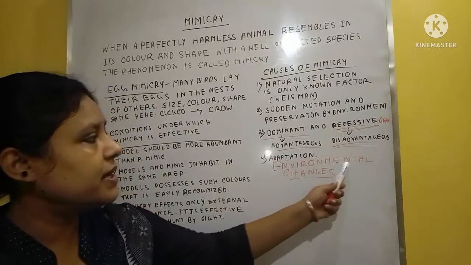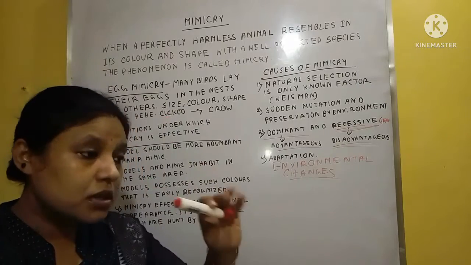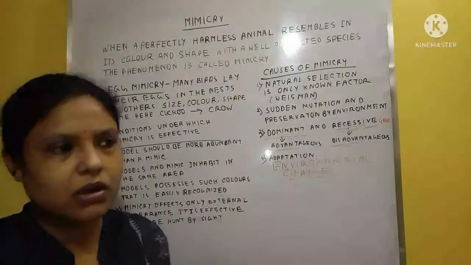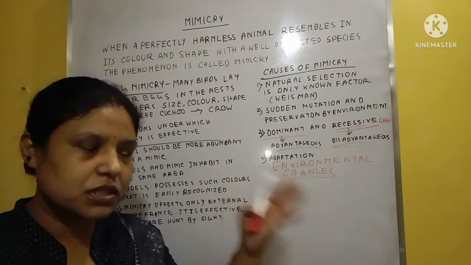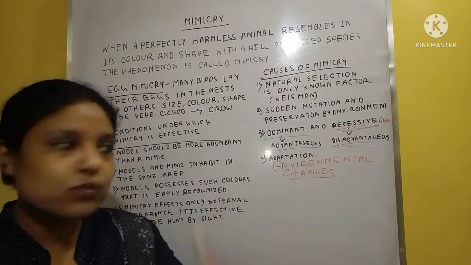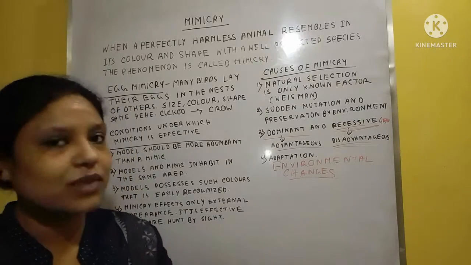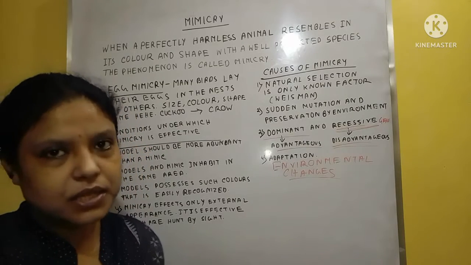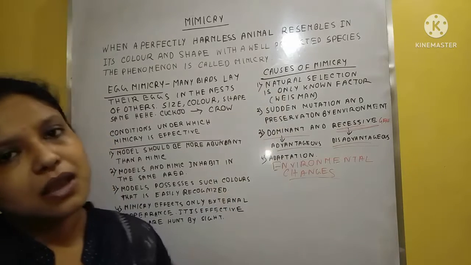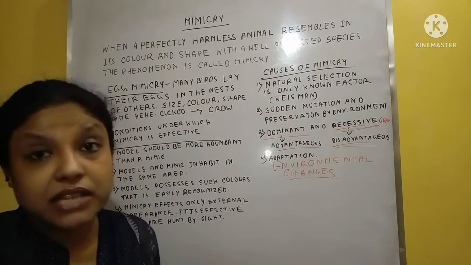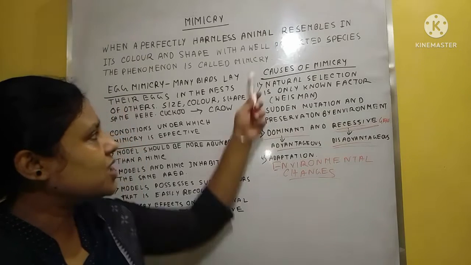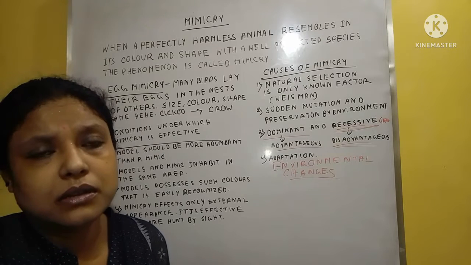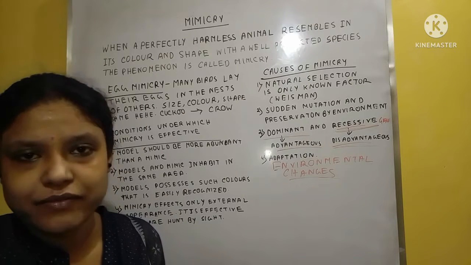For surviving in the environment, these changes occur, or the individuals try to accustom themselves to the environmental changes, and that's why a new character can grow. So this is another kind of cause, you can say. That's why mimic animals are produced or seen in the environment. These are the actual causes. That's why both mimic and model individuals are seen in the environment.